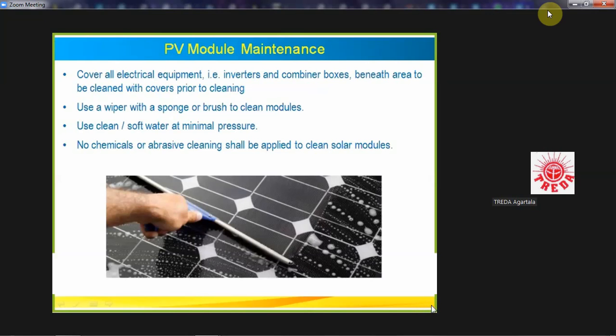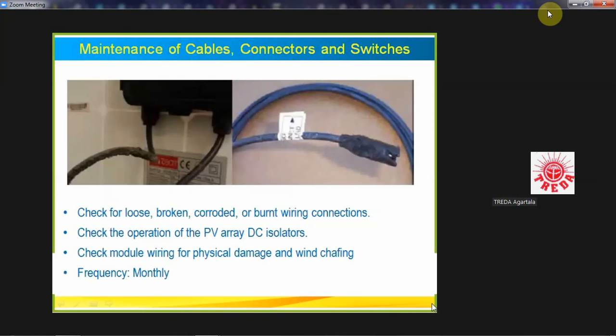Use clean and soft water with nominal pressure. We should not apply any pressure to the module. No chemicals or abrasive cleaning shall be applied to clean solar modules.